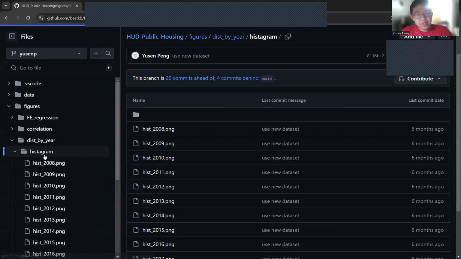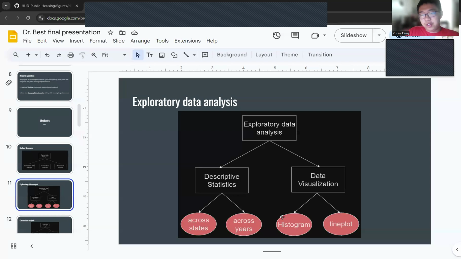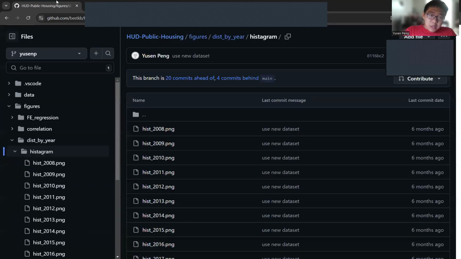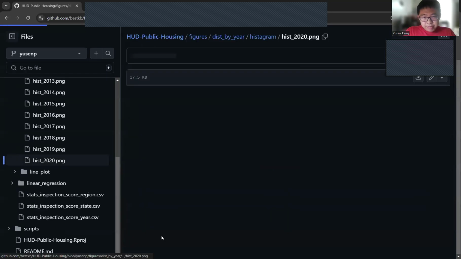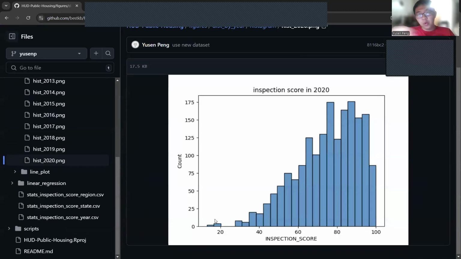So we can go to the histogram first, because this is the first thing we had in our exploratory data analysis part. We open this file. Let's do 2020. These histograms are displaying the inspection score in each year.